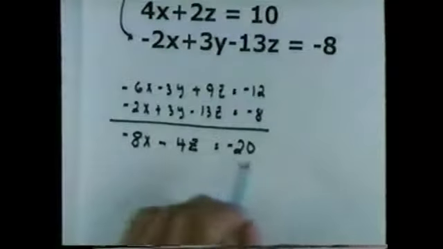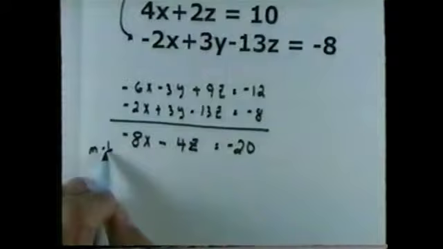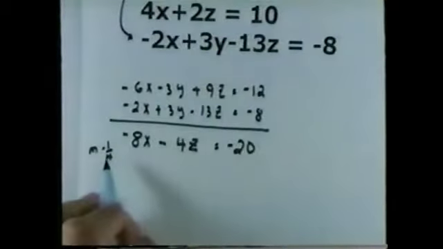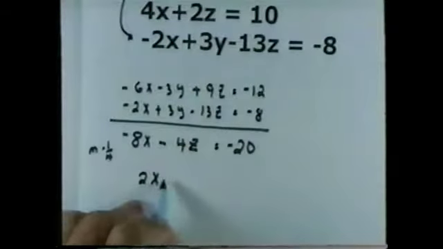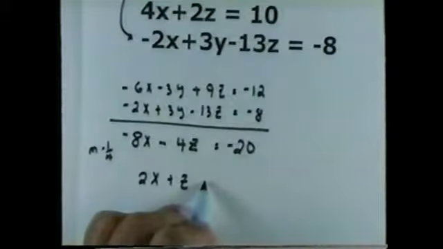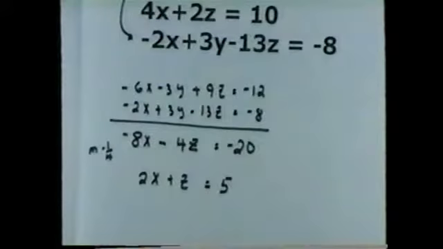I can multiply this by negative 1/4 to get 2x plus z is equal to 5.